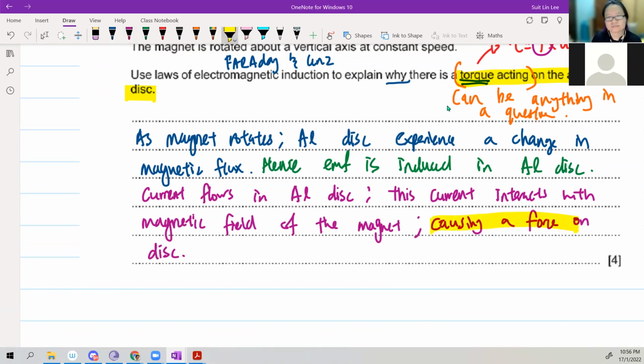Causing force. And then this last part got no mark, but you can round off your explanation and say, hence, because there's a force, there's a torque on the disc. This one is actually a braking system.